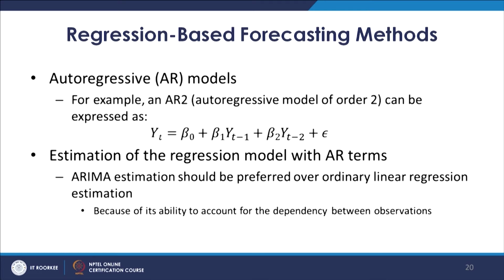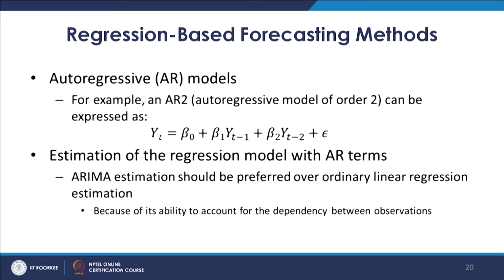So, the next important aspect of the autoregressive models is estimation: estimation of the regression model with AR terms. One approach is that ARIMA estimation techniques could be used, and there are certain reasons for it to be preferred over ordinary linear regression, or OLS, estimation.